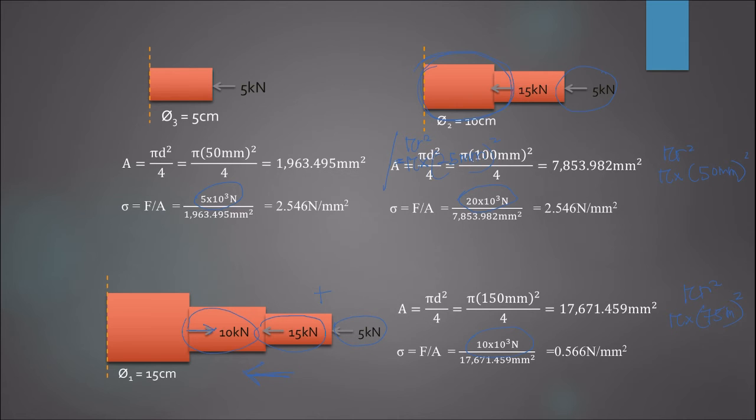It means the total force is compressive force, and this part is actually in compression. Okay, it is in compressive stress, because it is being pushed inside. So it is compressive stress. You get 10, divide by its area, then you get 0.566. Okay, done.